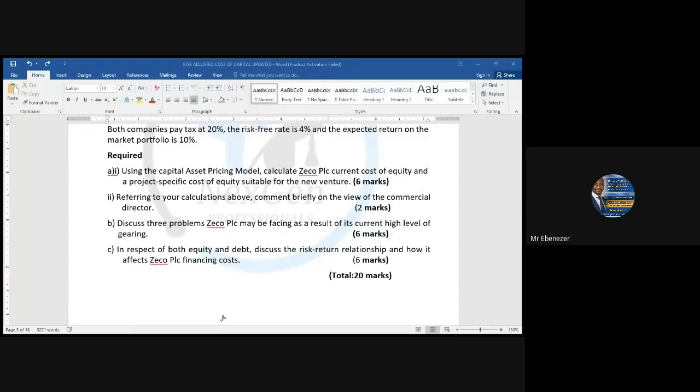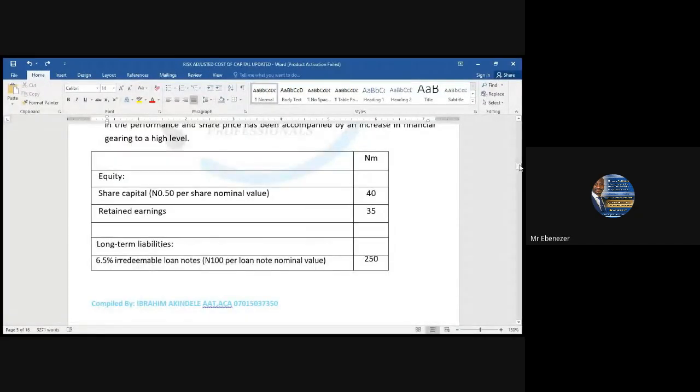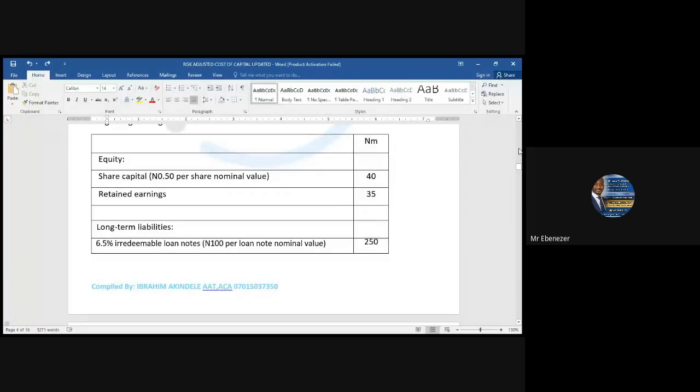And this question is also for you. Tell us. You have calculated the cost of equity. We actually have debt now. We can actually calculate.